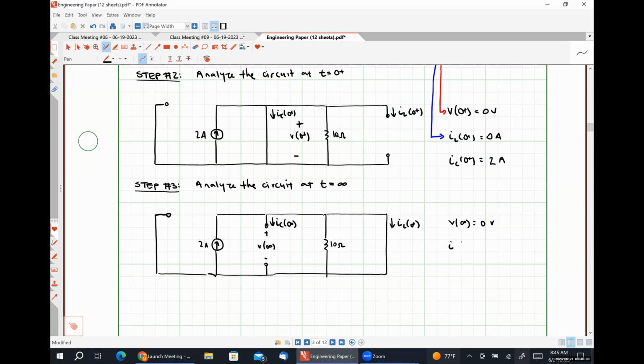The current IL at infinity is going to be 2 amps, because all of the current from the current source will flow through the short circuit representing the inductor. And IC at infinity is going to be 0 amps, because no current is able to flow through the open circuit representing our capacitance.